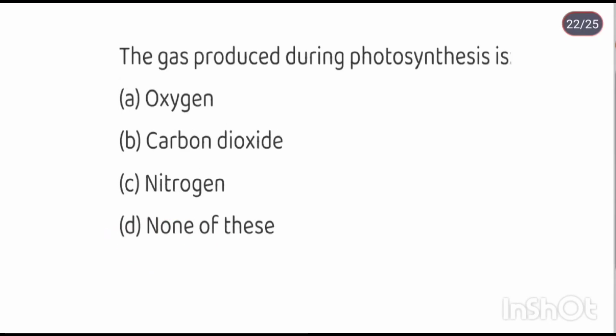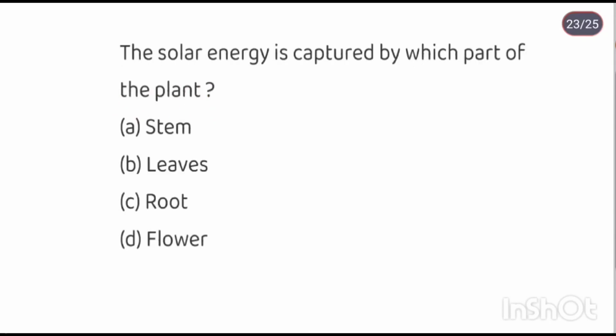The gas produced during photosynthesis is option A, oxygen. The solar energy is captured by which part of the plant? Option B, leaves.